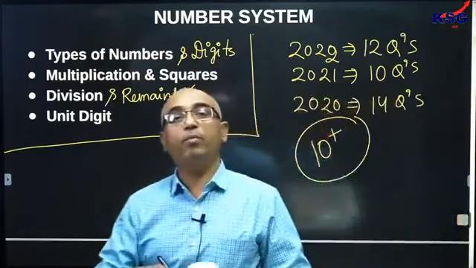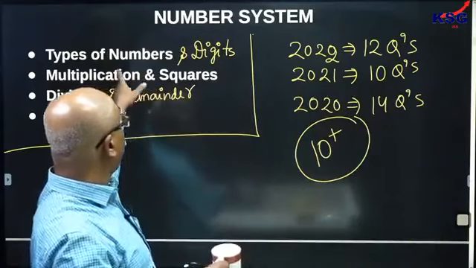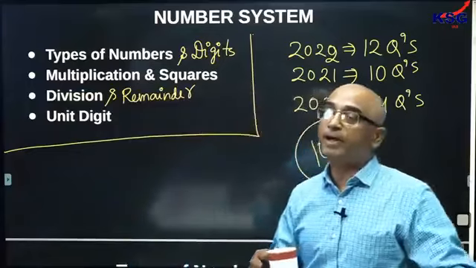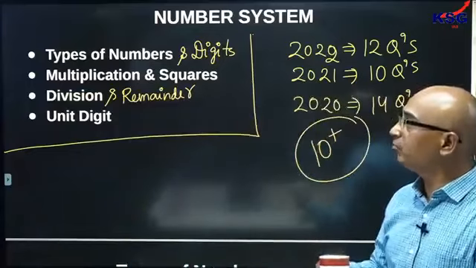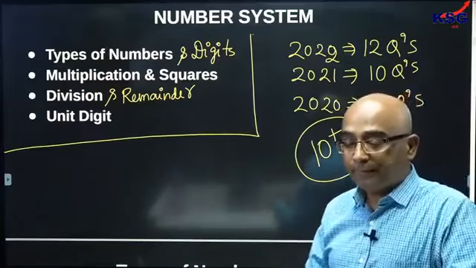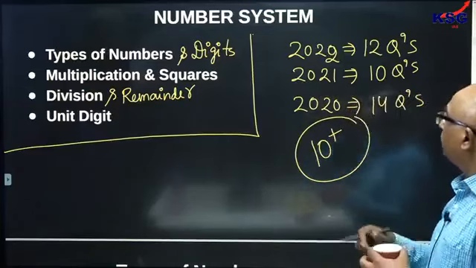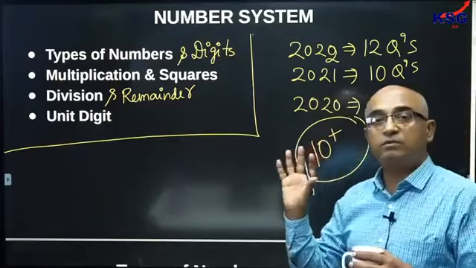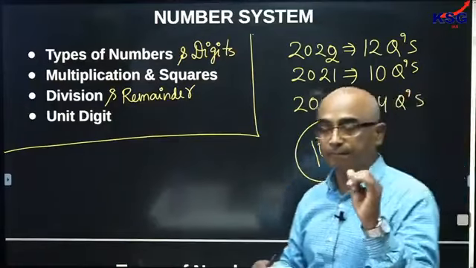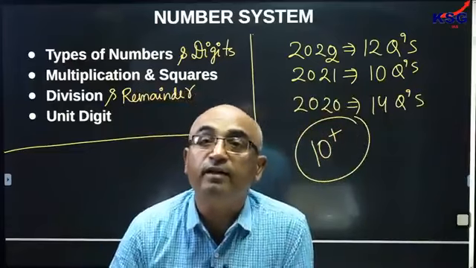10 plus questions from number system every year in our paper, and the topics are only this much: types of number and digits, multiplication and square, division and remainder, and unit digit. One by one we will discuss. Why such a big number, 10 plus questions every year? See the reason. The actual word given in our syllabus is basic numeracy.